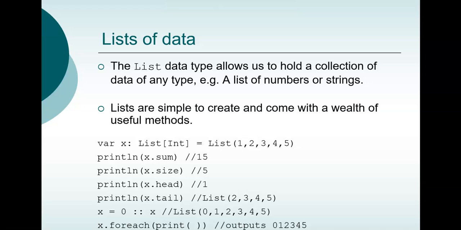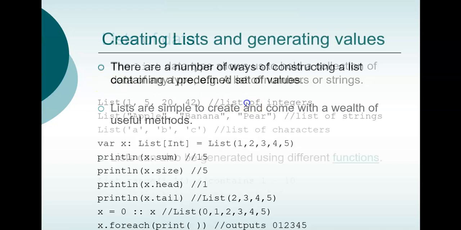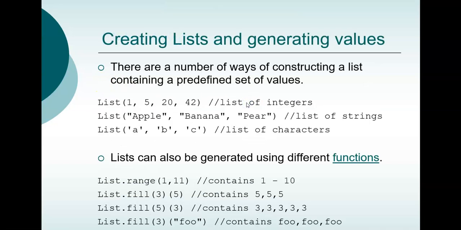Now, in the last video that we watched, we started looking into lists and how to manipulate values in the list. In this series, we want to understand how to create lists and generate values from a list. There are several ways of constructing a list containing a predefined set of values.